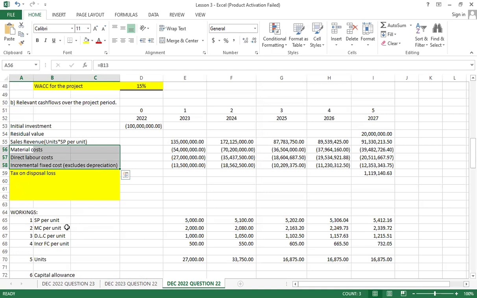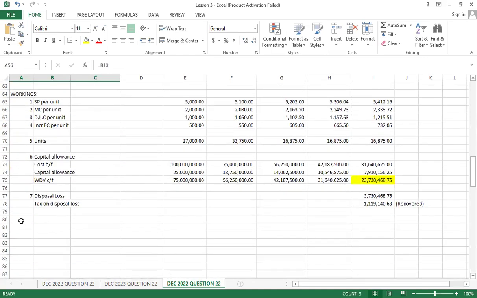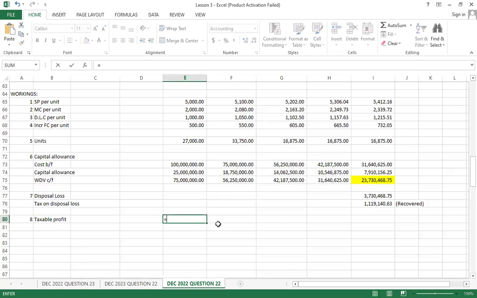And so the next item to compute, working 8, is then the taxable profit on trading. The taxable profit on trading, so how much is it? And then how much corporation tax do we pay on it? Now, I will be computing this for period 1 very simply.